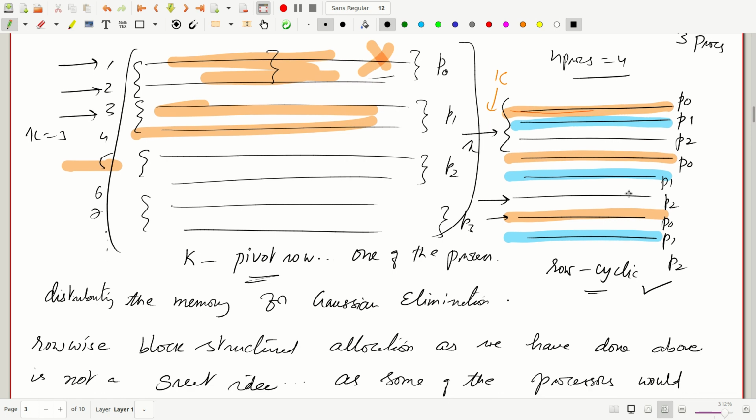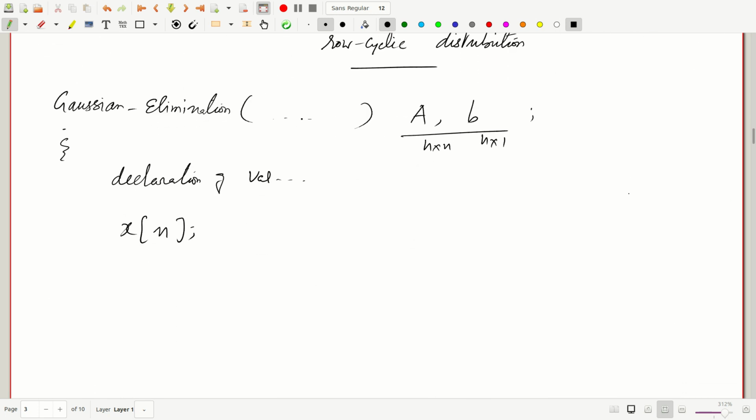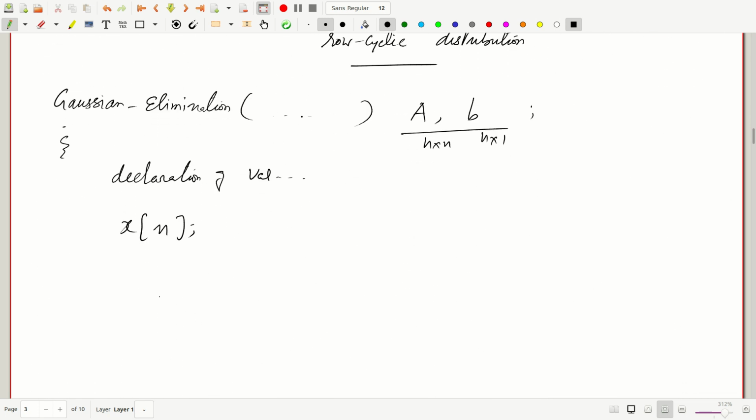So what we do is we have to allocate some buffer. Let us call it row, which represents our pivot row.